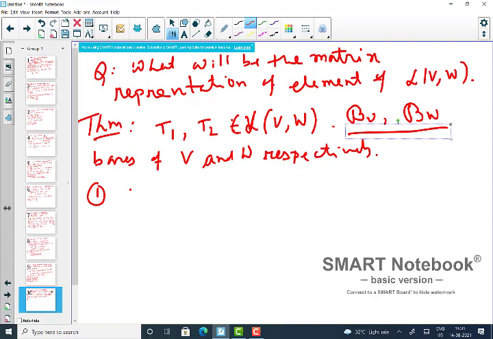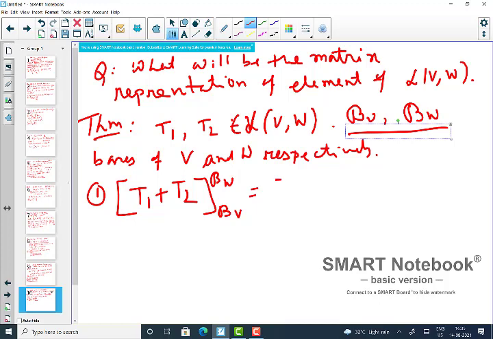The answer is that T1 plus T2, where we add the two linear maps, is a linear map, and if you want to find the matrix representation of this with respect to these bases BV and BW, the answer is that it is nothing but the addition of the individual ones.